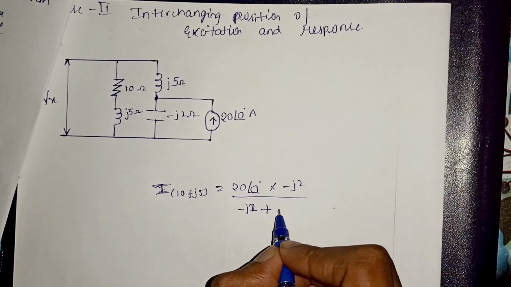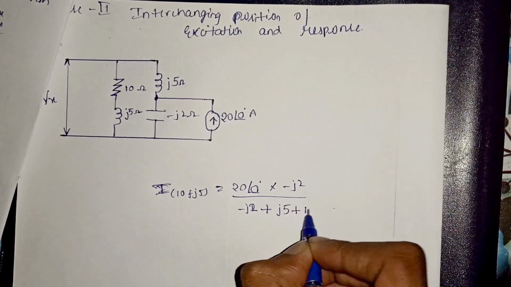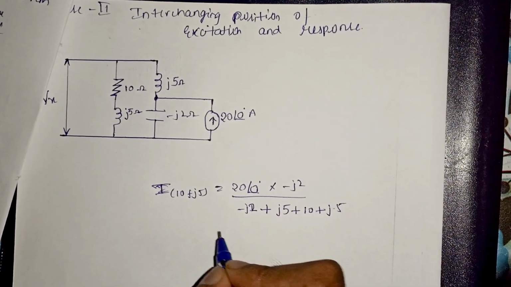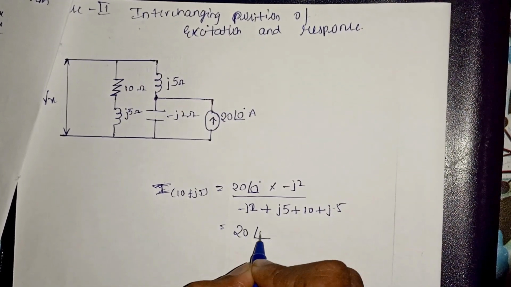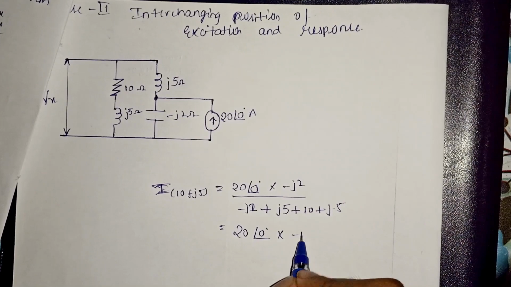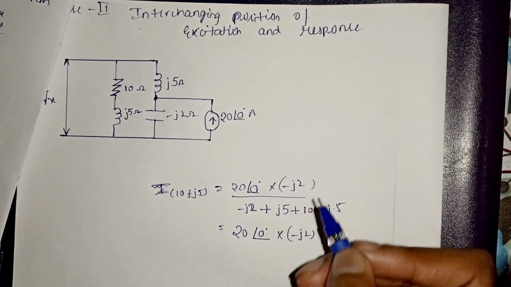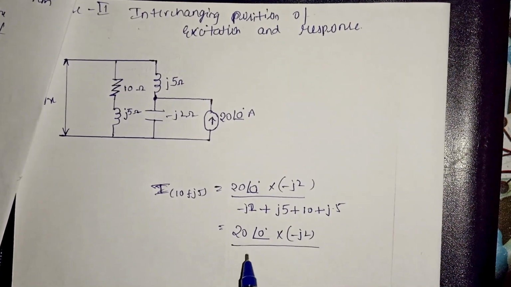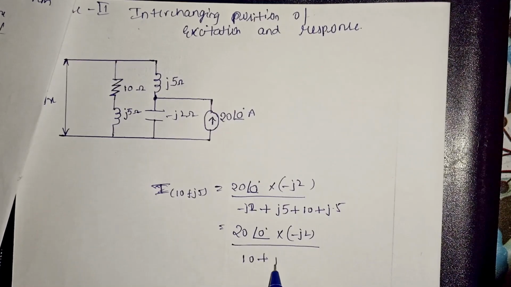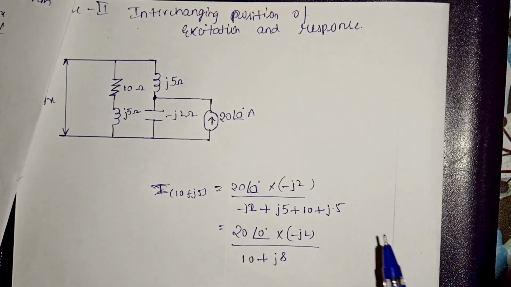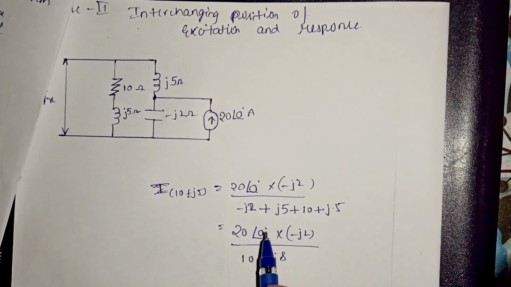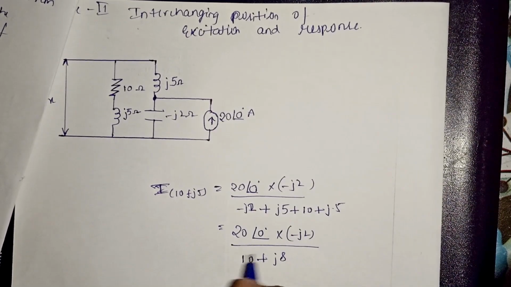plus j5 plus 10 plus j5. That is 20 at an angle 0 multiplied by minus j2, divided by 10 plus j8, since j5 plus j5 is j10 and minus j2 gives plus j8.